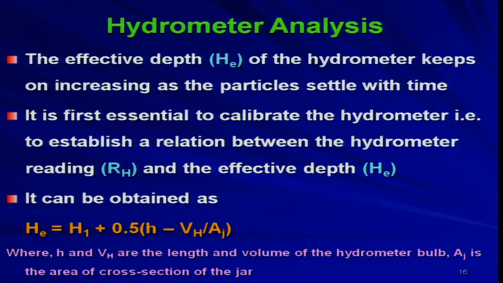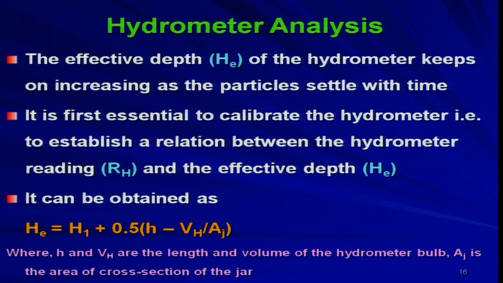It can be obtained as HE, the effective depth, is equal to H1, that we have just seen, plus half of the depth of your bulb, that is 0.5 into h, minus 0.5 into VH by AJ.